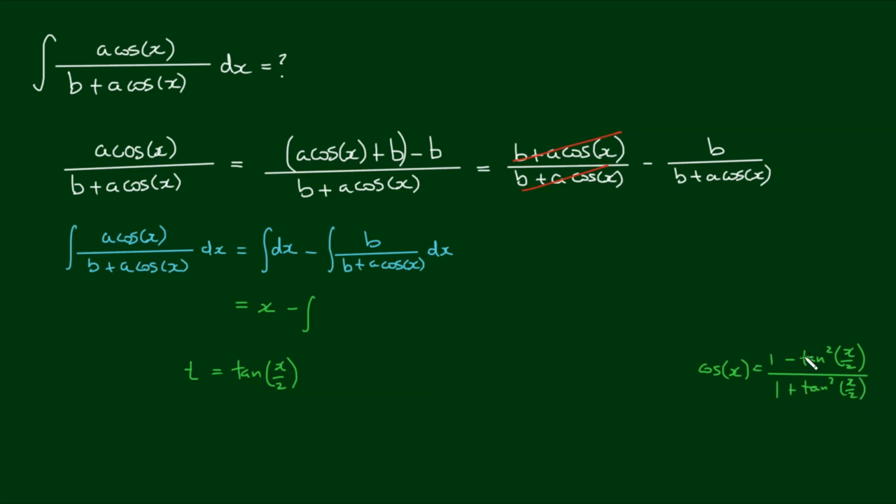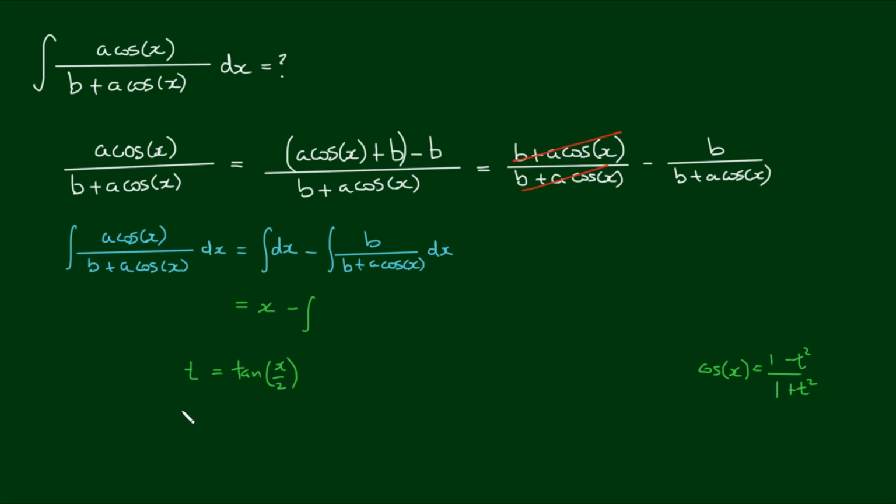And to make this shorter, it's simply 1 minus t squared on 1 plus t squared. So I'll link a video on how this comes about in the top left hand corner and in the description so you can have a look. We've also done a couple of examples of this integral as well, and I'll link those in the description for you as well.